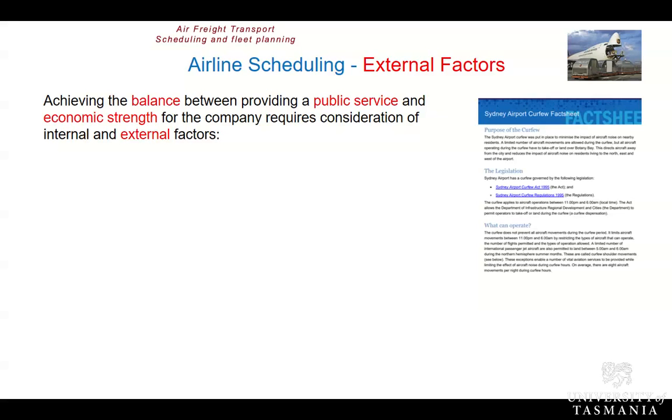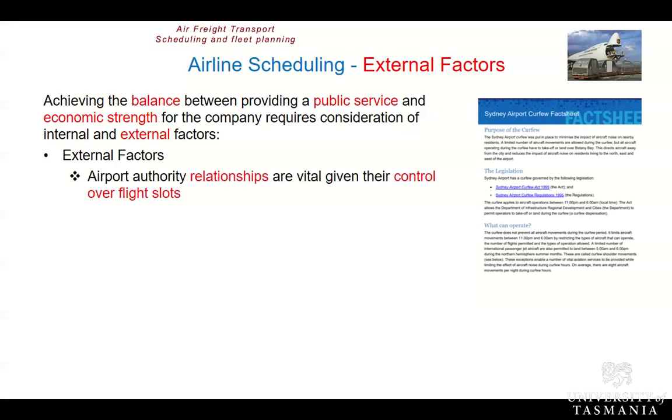Another aspect of it, and I've been talking mainly about internal factors, is this idea of external factors. Now, external factors are typically aspects that you actually can't control yourself, that are generally out of your control. And some of those external factors are actually dealing with the airports that you're dealing with.